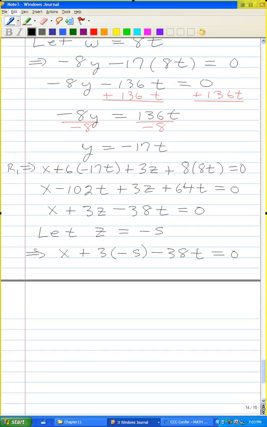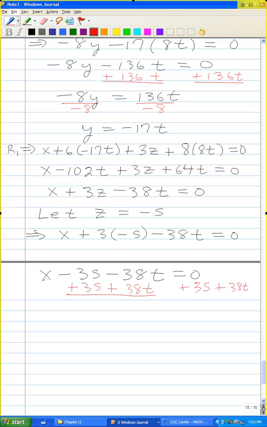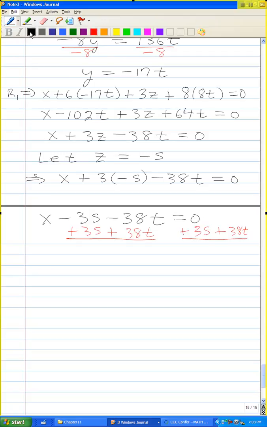Add 3s and 38t to both sides of the equation. And so I have x equals negative 3s plus 38t.